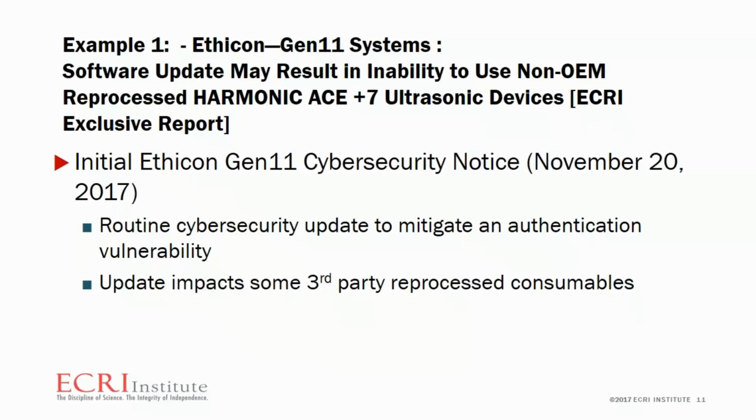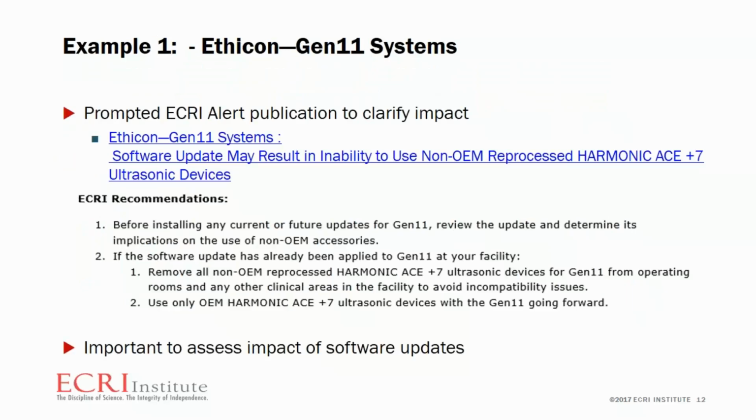So after this came out, we started receiving a lot of calls asking, are all of the reprocessed consumables impacted? So we decided that it was best to clarify. We worked with Ethicon and provided the following commentary focused on the Ethicon Gen11 systems shortly after the initial publication of the alert.